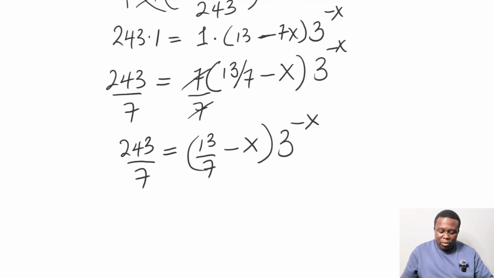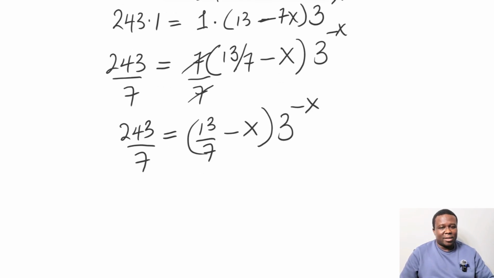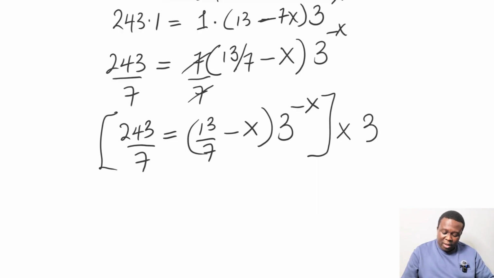So now we see that we have minus x at the base and also minus x at the power. But we have 13 over 7 attached to the minus x at the base. So let's do the same: attach 13 over 7 to the power as well. So we have 13 over 7 minus x, both at the base and also at the power on the right-hand side. So how do we do that? We do that by multiplying both sides, the left-hand side and the right-hand side, by 3 raised to the power 13 over 7.